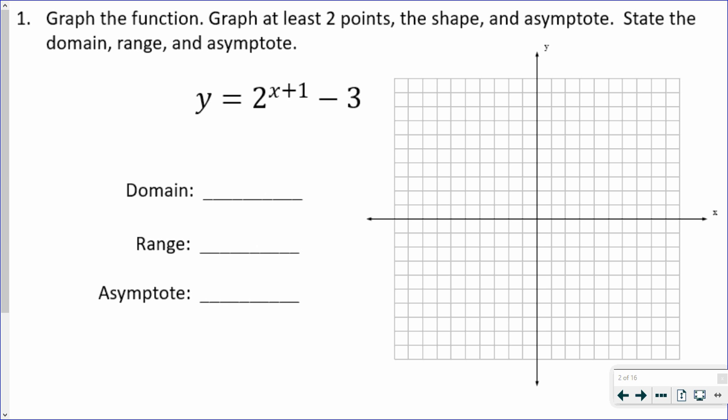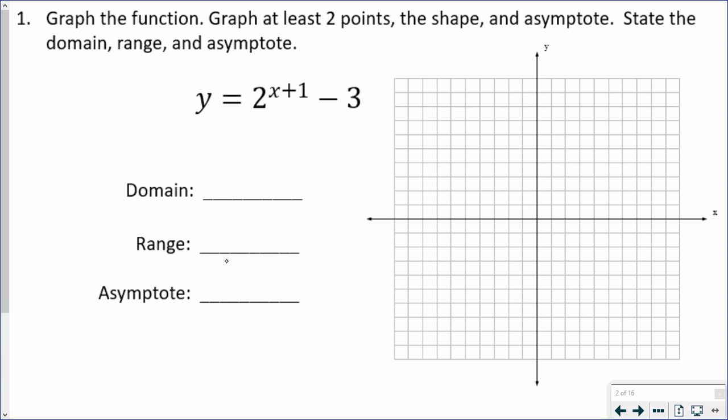Okay, try and finish up in the next 10 seconds. All right, time's up. Okay, so let's go over this problem and check and see if you did it right.